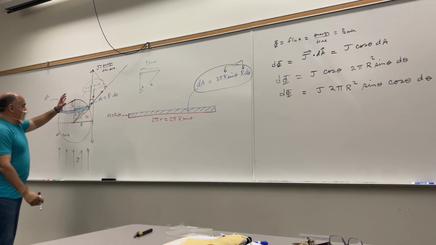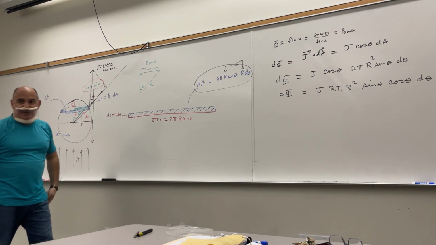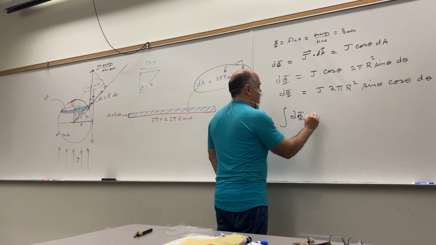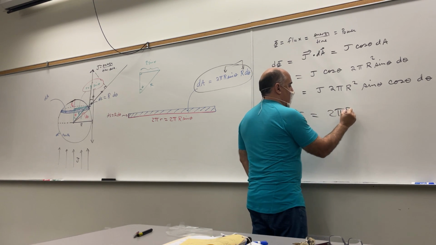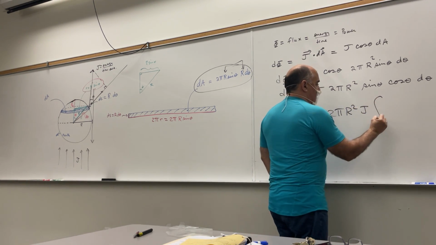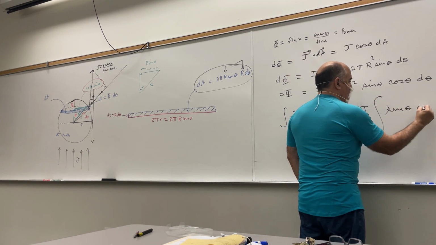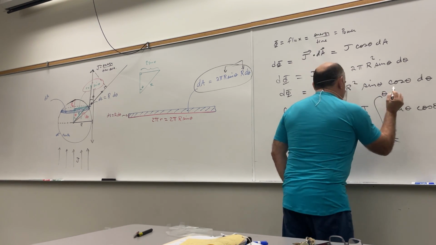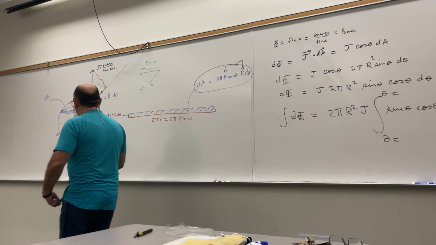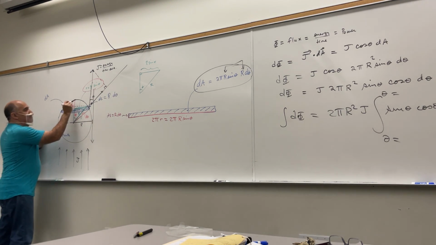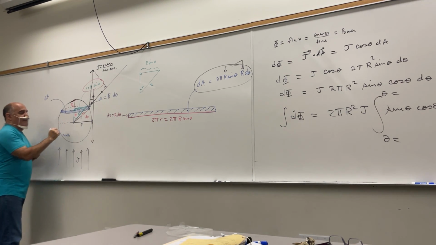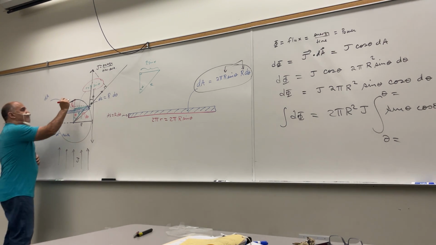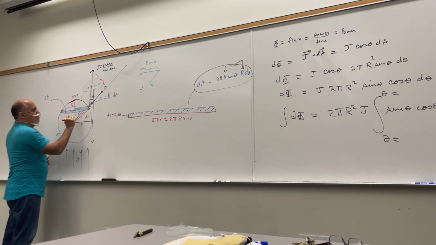And what I want is the total flux over the whole top hemisphere. So I integrate this. 2 pi r squared and J are constants, and then I have the integral of sine theta cosine theta d theta, and now I put in limits of integration. For the very first strip at the top, what's the angle theta? 0.